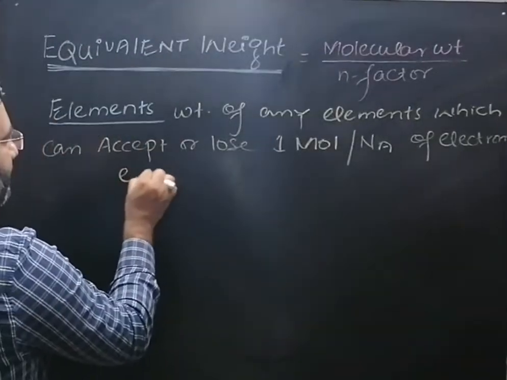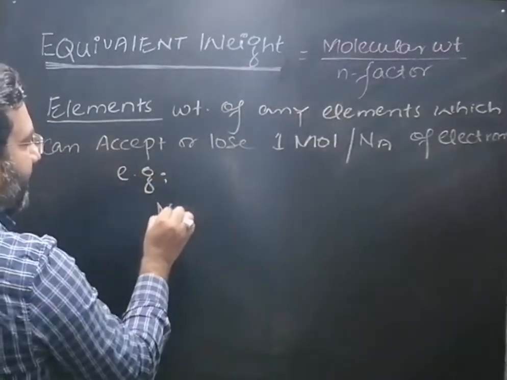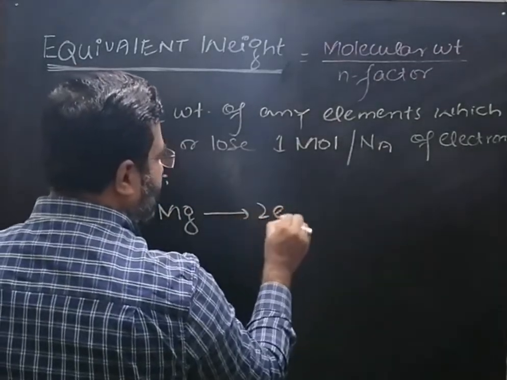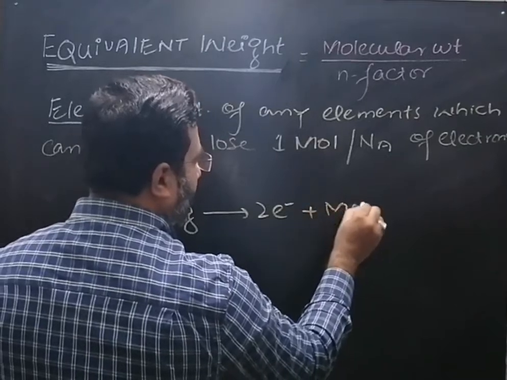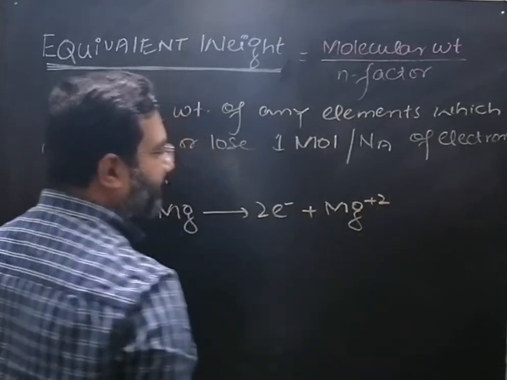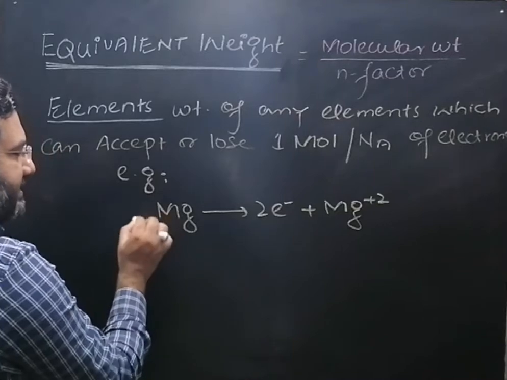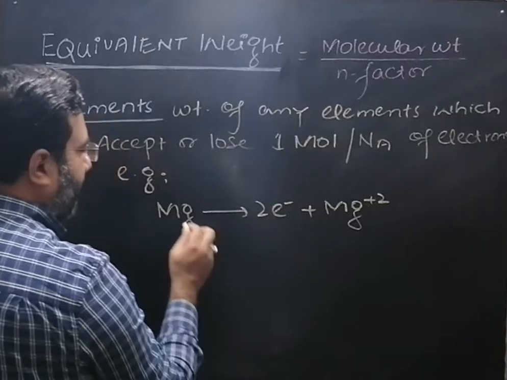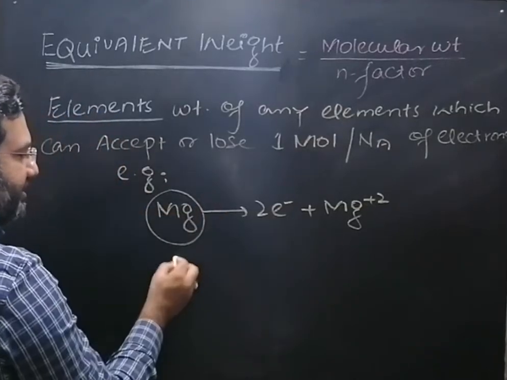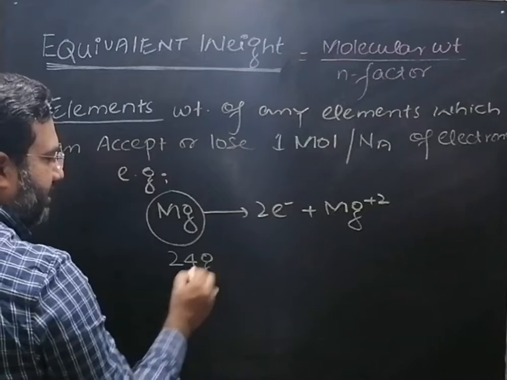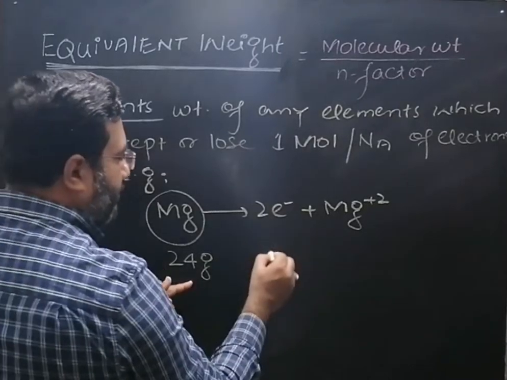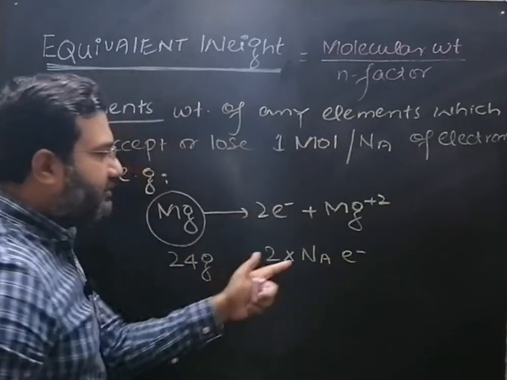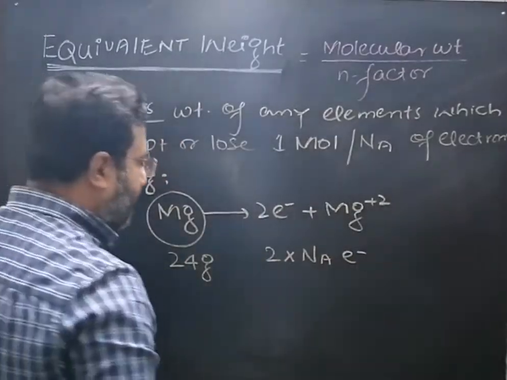For example, when we talk about magnesium, you know that magnesium belongs to group 2A. It usually loses 2 electrons to form magnesium dipositive ions. Now this equation tells us that 1 mole of magnesium loses 2 moles of electrons, and the mass of 1 mole of magnesium is 24 grams. So 24 grams of magnesium lose 2 multiplied by Avogadro's number of electrons.